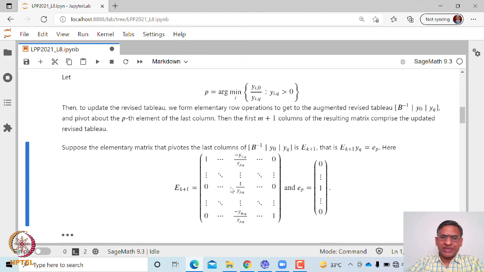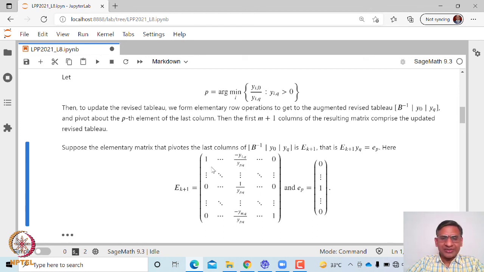So you divide the pth row by ypq, which is non-zero, so that it becomes 1. Then to make the first row entry 0, you multiply the pth row by negative y1q and add it to the first row.